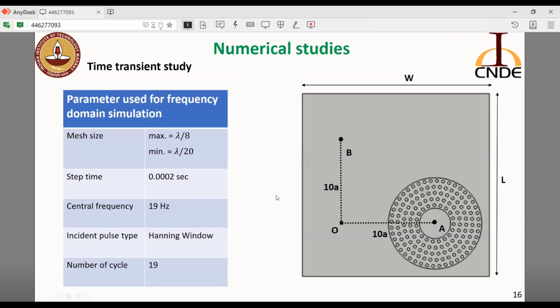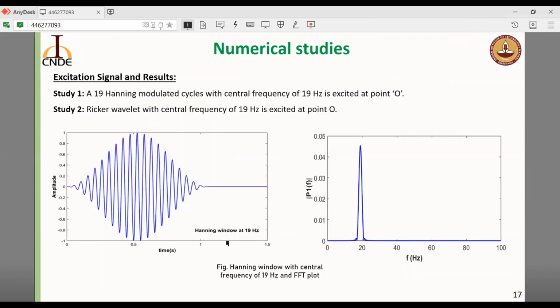So these are simulation parameters. I have used a Hanning window as an excitation signal. This is a 19 hertz Hanning window with 19 cycles, and the FFT plot we can see.